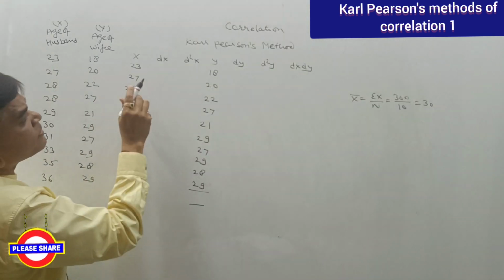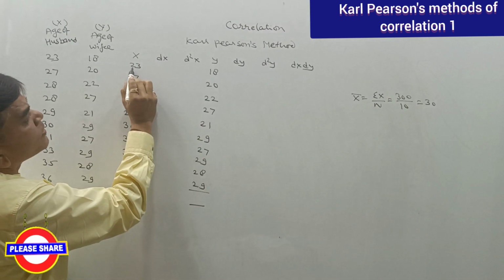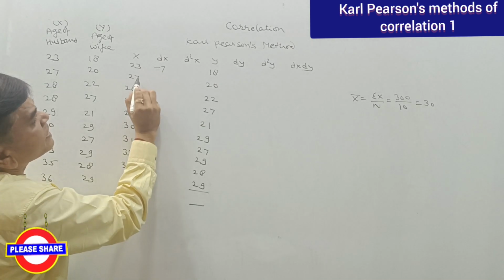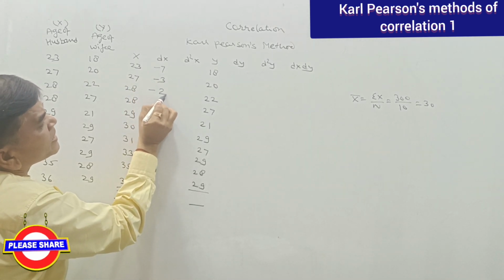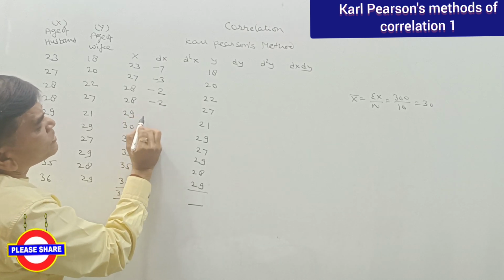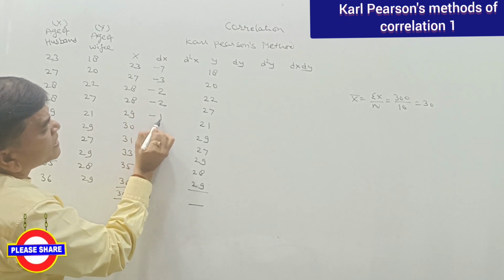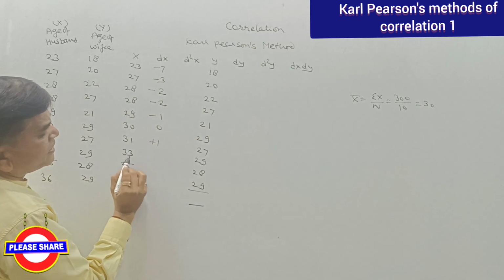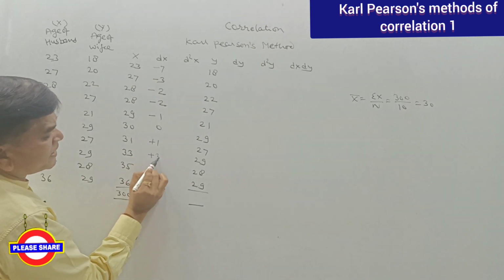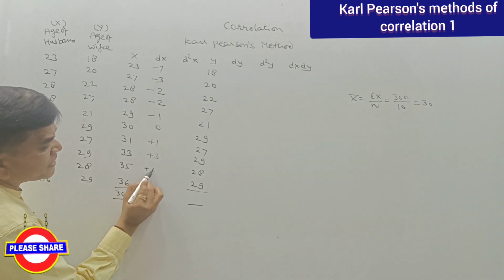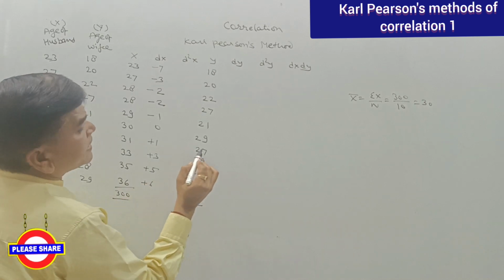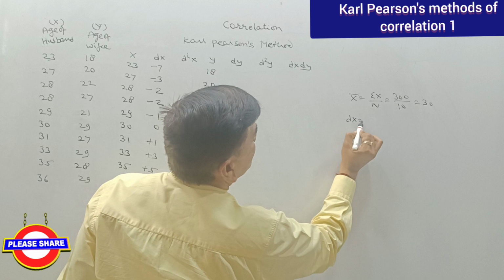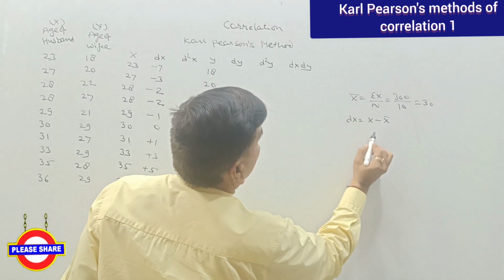Deviation from 30: 23 minus 30 is minus 7, 27 minus 30 is minus 3, 28 minus 30 is minus 2, again minus 2, 29 minus 30 is minus 1, 0, plus 1, 33 minus 30 is plus 3, 35 minus 30 is plus 5, 36 minus 30 is plus 6, because dx is equal to x minus x bar.